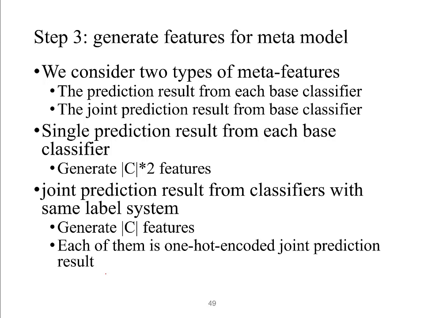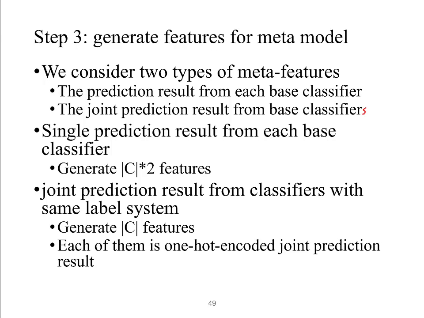One is the prediction result from each classifier, and the other is the joint prediction result from all the base classifiers with the same label system, which essentially predict the same thing, whether it belongs to label i or not.